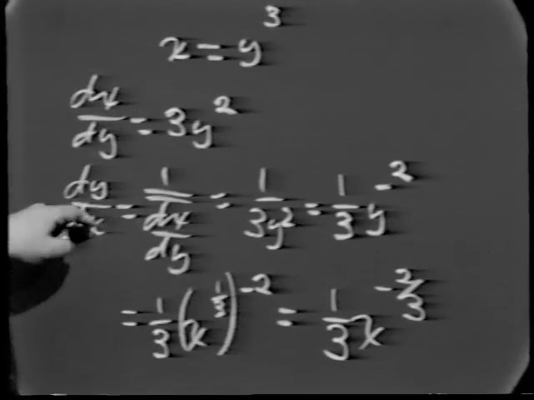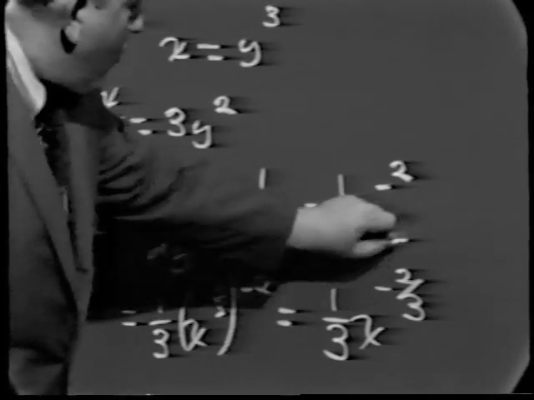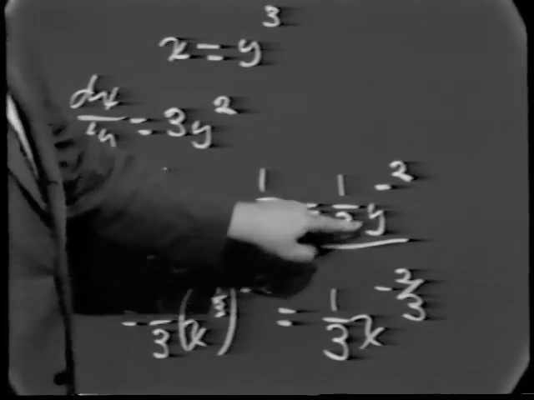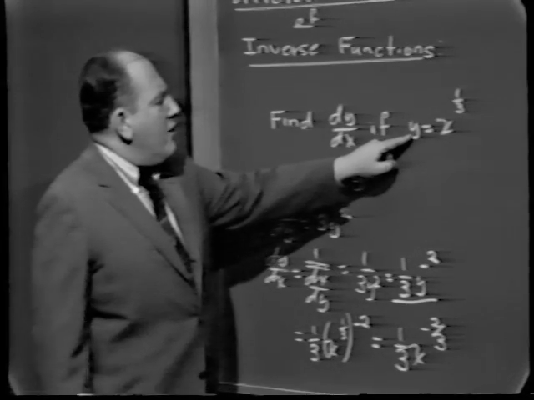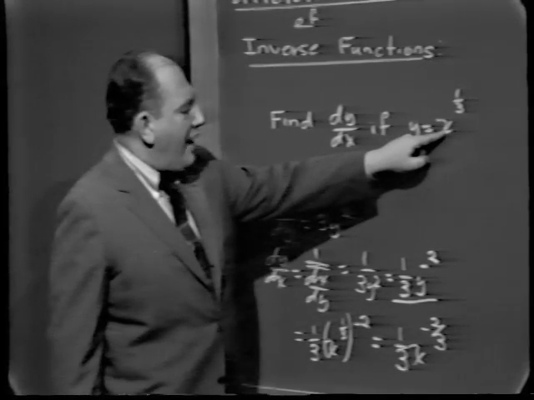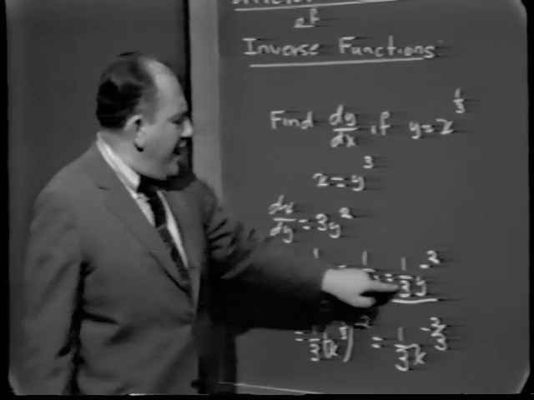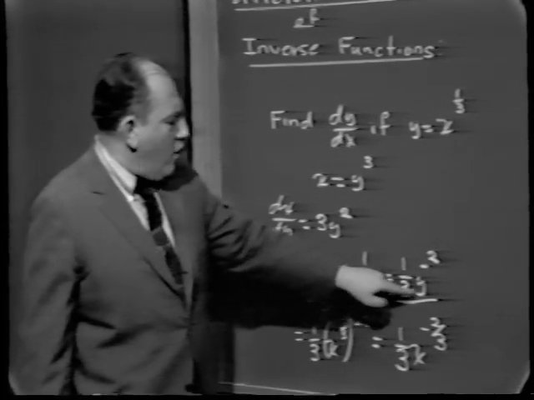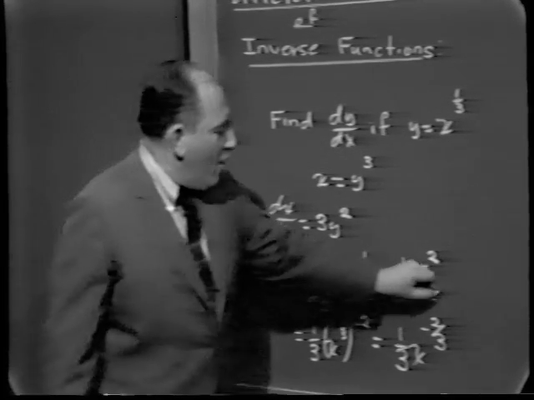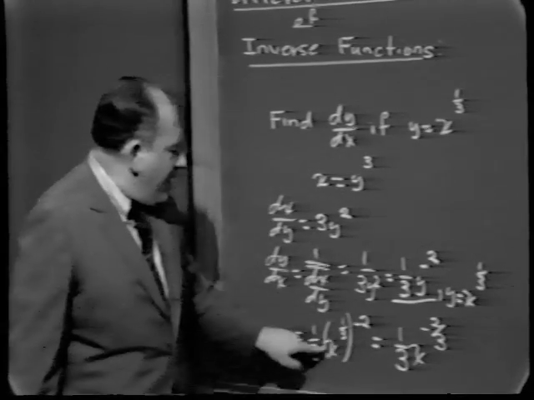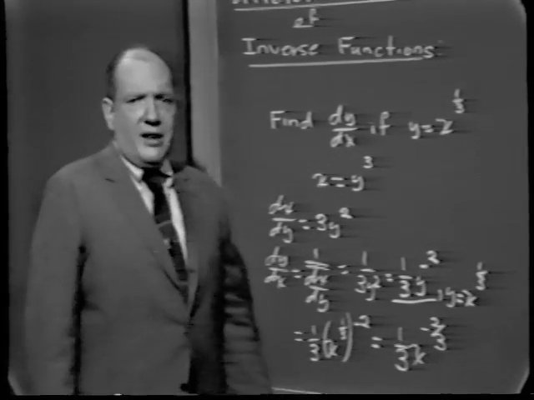By the way, let me point out, there certainly was nothing wrong with leaving our answer in this particular form. It's just conventional that wherever possible, if the original problem was given as a function of x, we would like our answer to also be a function of x. I mean, here, for example, we could have said that the answer is 1/3 y to the minus 2, where y equals x to the 1/3. All we've done here is to fill this in explicitly.